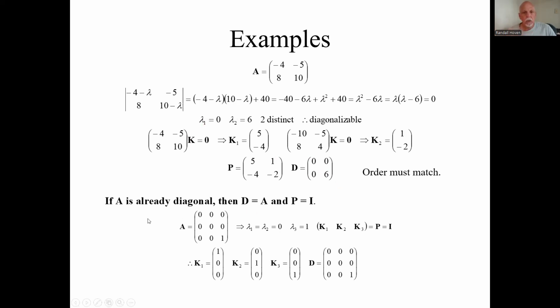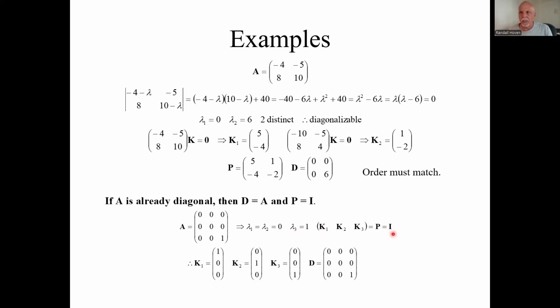This also helps if we're dealing with an A matrix that's already diagonal. If you remember, we did this one the more tedious way of finding the determinant of A minus lambda I. But you know it's diagonal, so finding the eigenvalues is really easy. They're going to be 0, 0, and 1. And since it's already diagonal, the eigenvectors are just the identity.